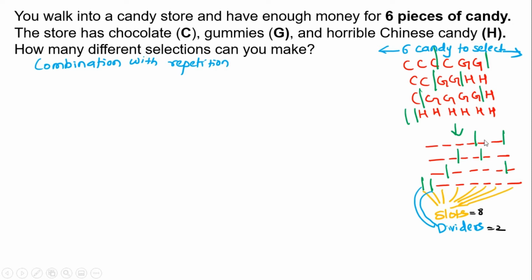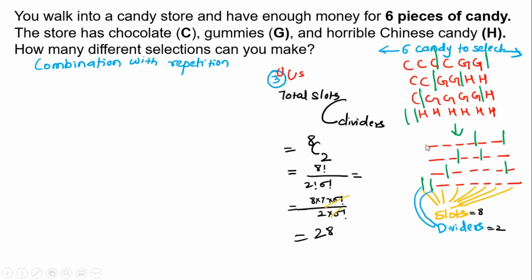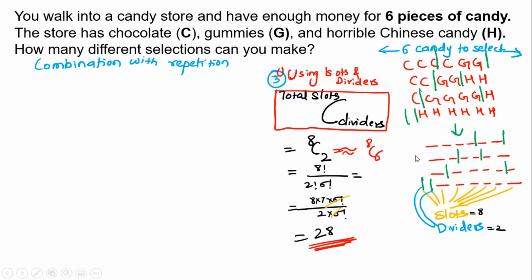So there are a total of 8 slots, and among the 8 slots I have selected 2 for dividers. From the third formula in the previous slides, we can calculate the count of different selections for this question by using total slots combination with dividers. There are total 8 slots combination with 2 dividers. If we solve this, we get the answer, that is 28.